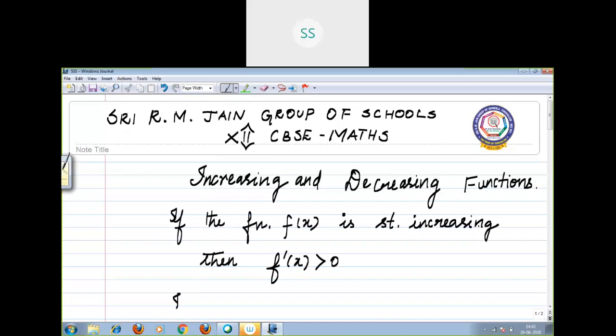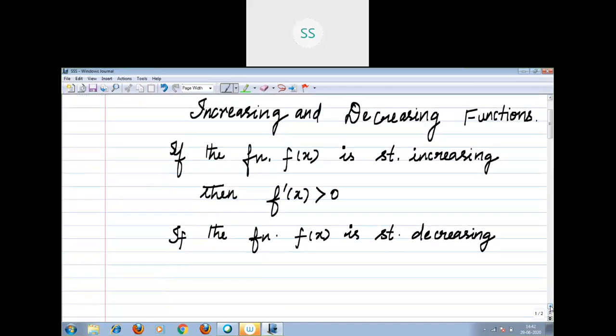Next, if the function f of x is strictly decreasing, then f dash of x is less than 0.